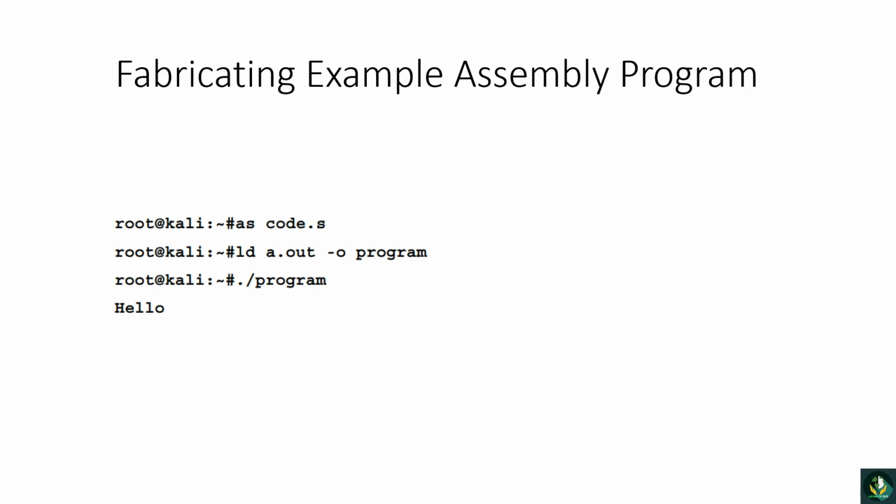So to run the program, just type this simple command, which is like as code.s, then ld a.out -o program, then ./program, then it will print hello. So therefore we can see that it is easy to create an assembly program nevertheless.